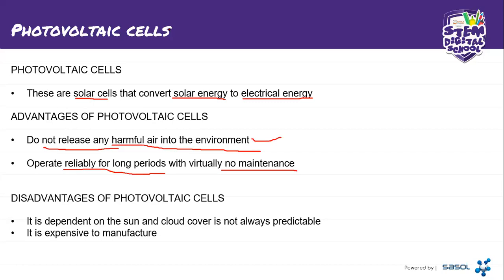So that is a disadvantage, especially on a cloudy day, because you will get less electrical energy. That is why I indicate that it is dependent on the sun, and cloud cover is not always predictable. So on cloudy days, there's little solar energy absorbed, and therefore less electrical energy conversion.